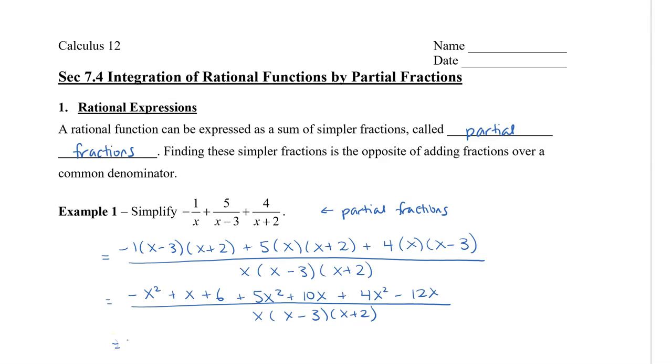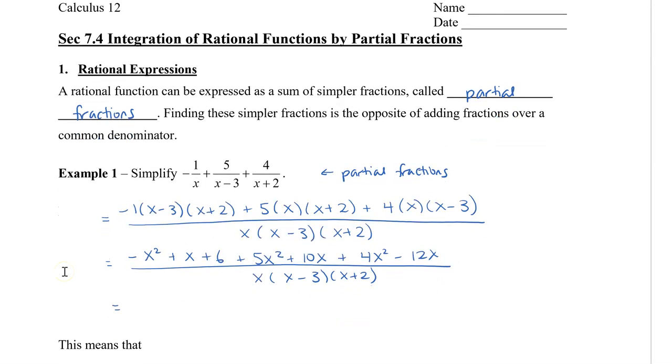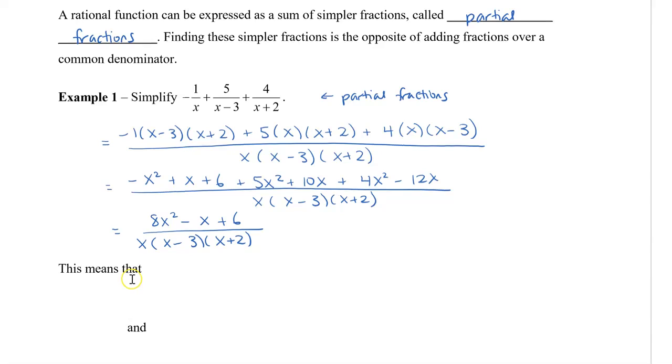And then combining like terms in the numerator, I get 8x squared minus x plus 6. All right, so taking these partial fractions and then adding them together, I get this new rational expression here.